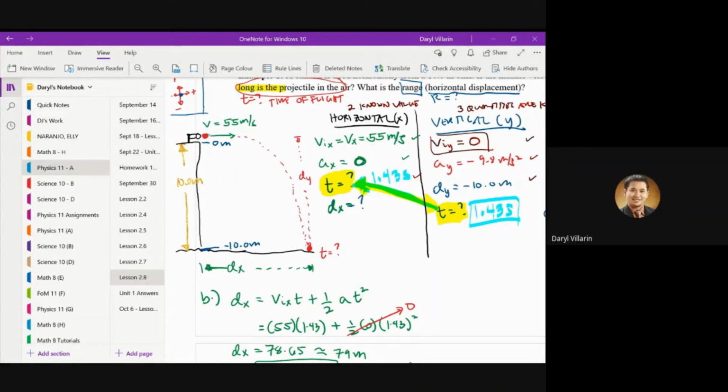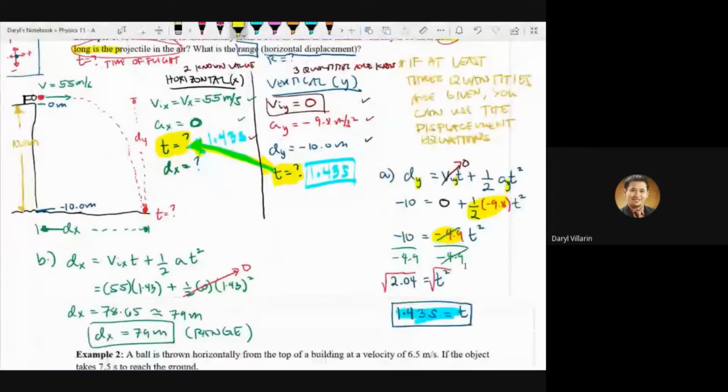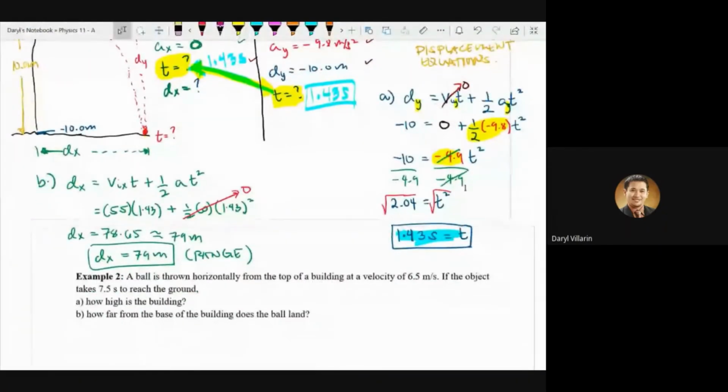If you're thinking about the position of the object, the velocity could be somewhere in that direction.